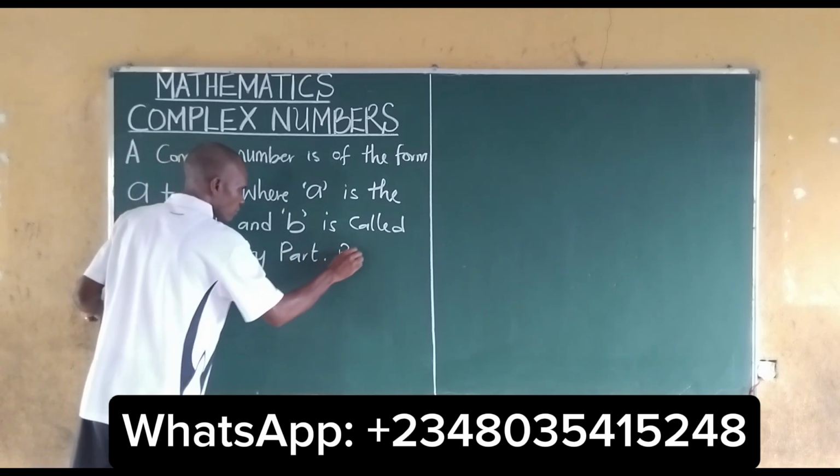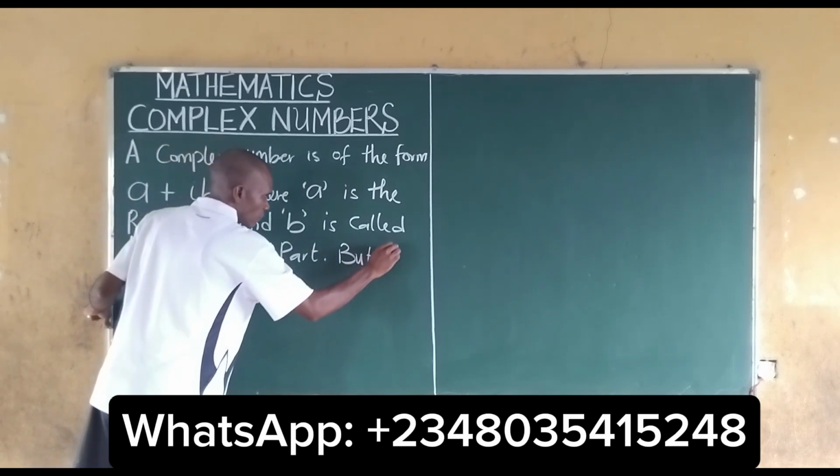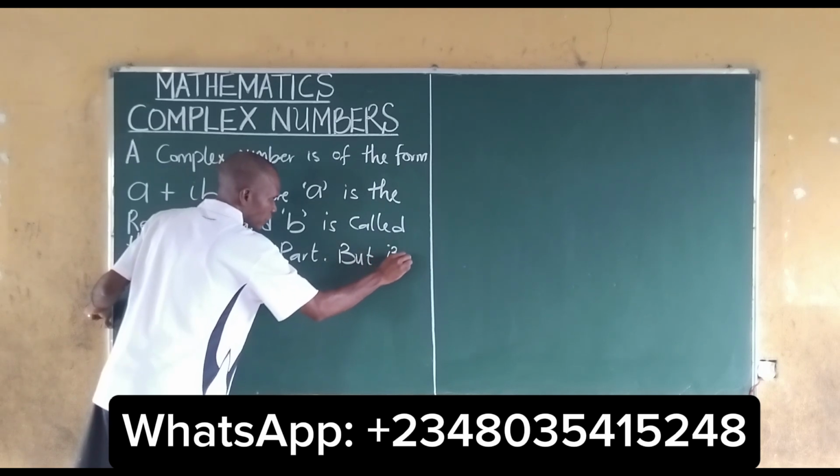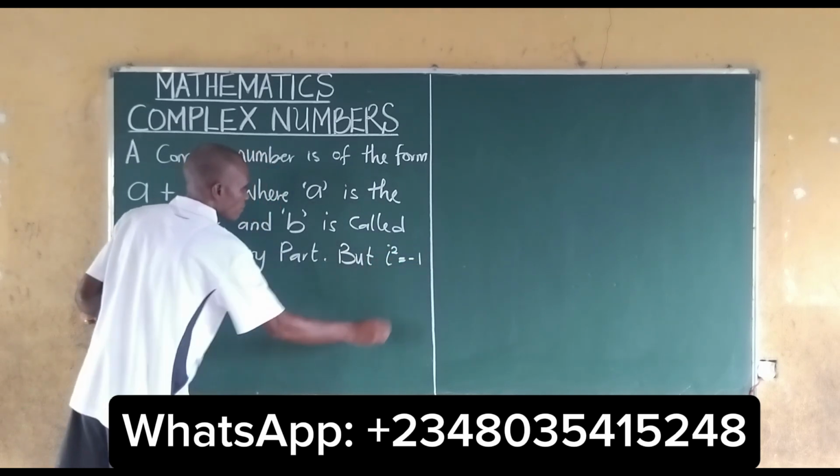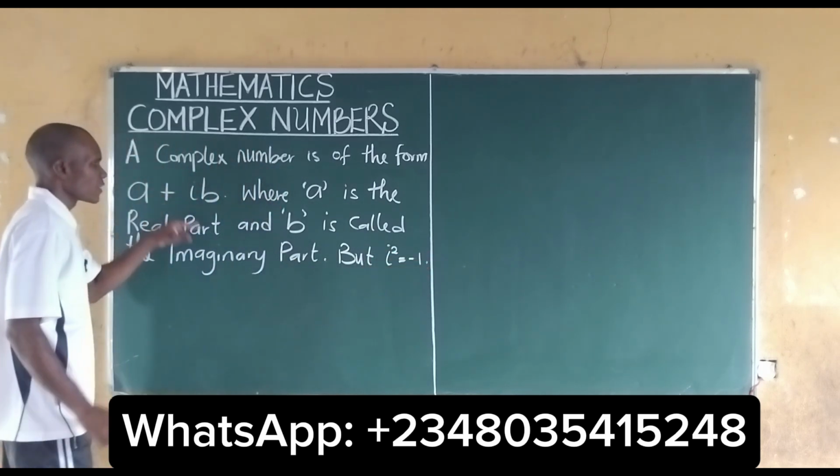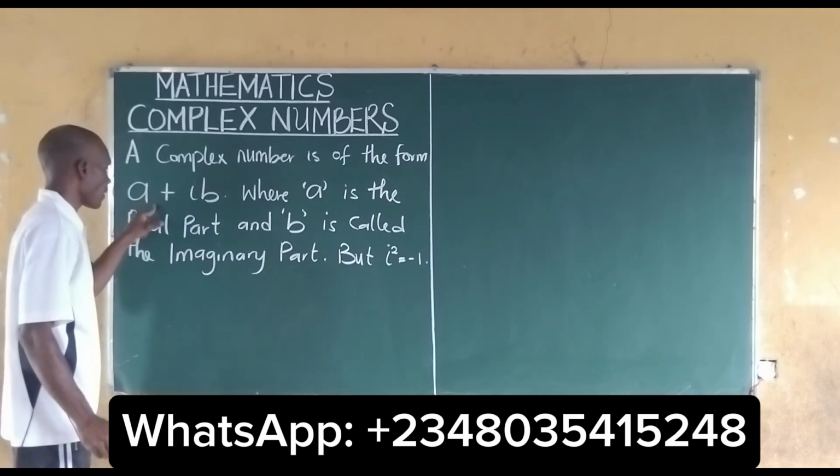You say, but i squared is equal to negative 1. So these are the things we need to know about complex numbers.